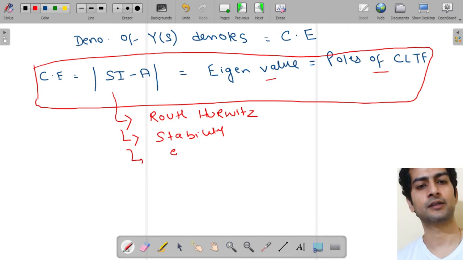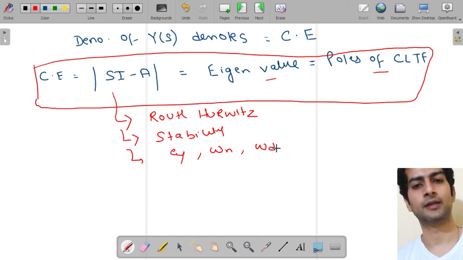We can define theta, omega n, omega d, meaning we can calculate all the parameters of time domain analysis. We can calculate all parameters of frequency domain analysis. That is, whatever we found in our last chapters can all be found out from here.